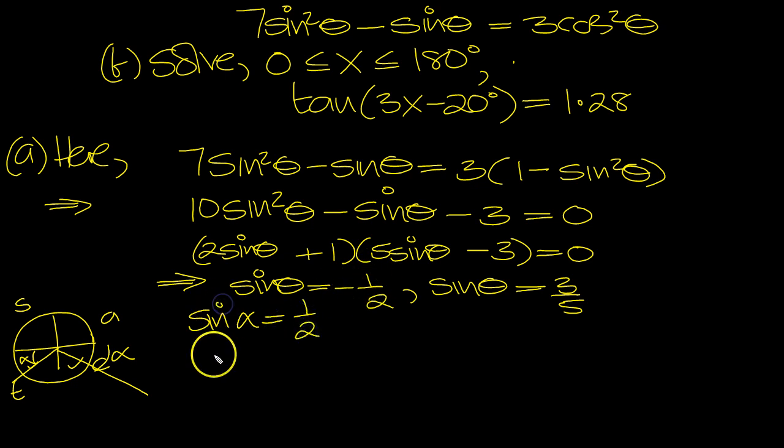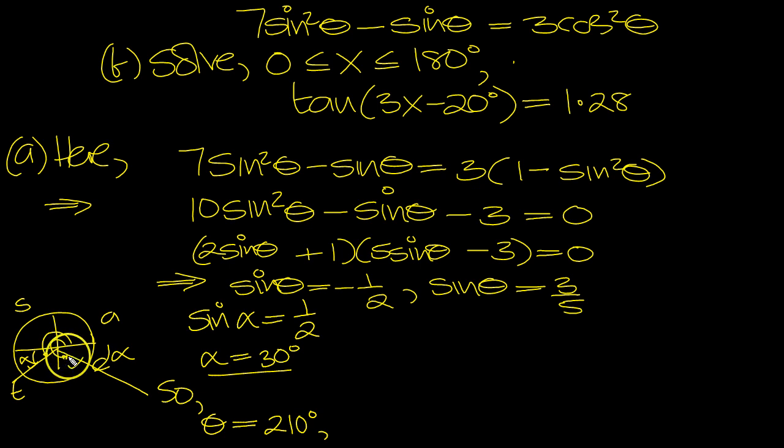Clearly we can see alpha is 30 degrees because sine 30 is a half. So theta then is equal to, the first solution from 0 to 360 will be round to here. 180 plus 30 is 210. And the next solution will be round from 0 round to here, which is 360 back 30. So that's 330 degrees.